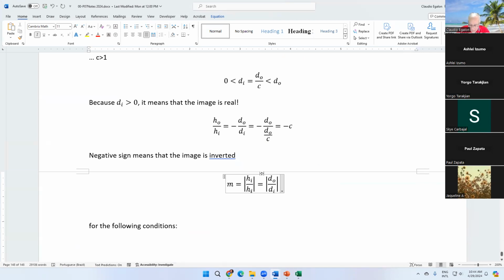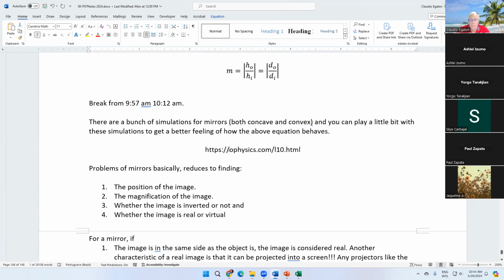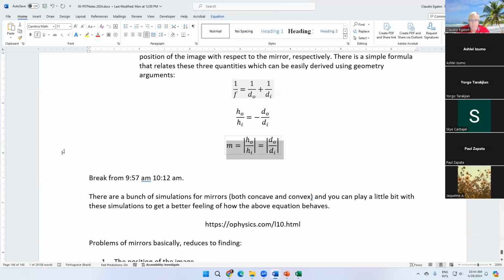Image height divided by object height. Same thing here. Okay, we gotta fix the other equation over there too, right? Right in here.